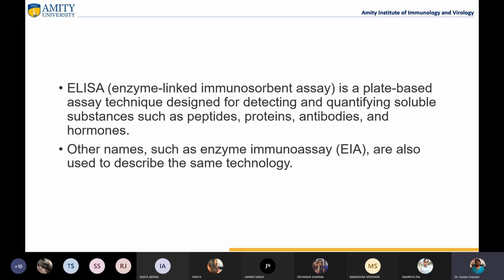So we use it for the detection of an antigen also. In viruses, for example, we want to detect whether a particular virus is present in a particular sample or not. We already have commercially available antibodies against those viruses, and that virus will act as an antigen. So those antibodies will be able to detect the antigen if that virus is present in the particular sample, right?